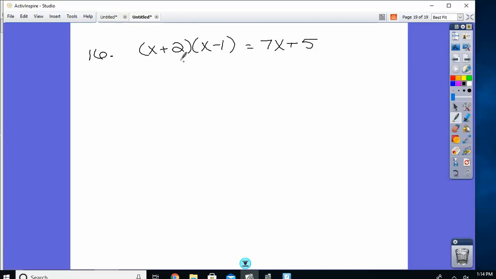So to start, we have to FOIL out the left. That would give us x squared minus x minus 2x minus 2. Combine like terms.